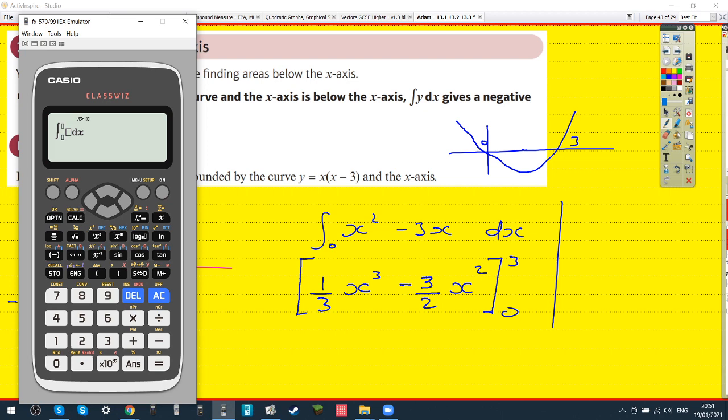Okay. And then you take it away from 0. What do you get? Which gives you minus 9 over 2. And so what is the area? Wait, would it just be minus 9 over 2 then? Calculator says it's minus 9 over 2.